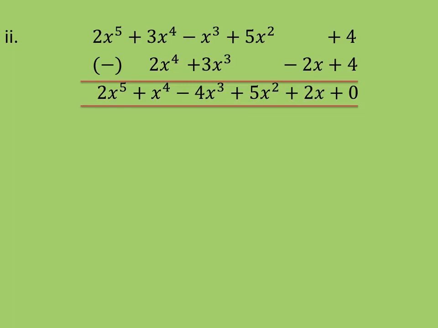Next we go to the term with power of 4, that is 3x raised to power 4 minus 2x raised to power 4. 3x raised to power 4, the coefficient there is 3, and 2x raised to power 4, the coefficient there is 2. 3 minus 2, that will give us 1, so we are left with x raised to power 4, plus there is no term with x raised to power 5 in the second equation, so it's just like subtracting nothing from 2x raised to power 5, which will give us back our 2x raised to power 5.